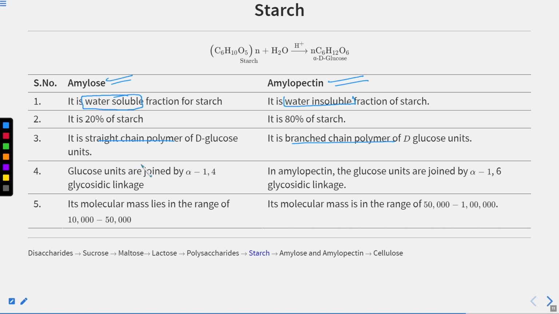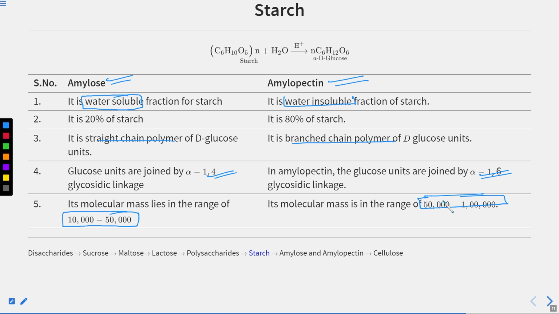Amylose has alpha 1,4 glycosidic linkage, whereas amylopectin is joined by alpha 1,6 glycosidic linkage. The molecular mass of amylose varies from 10,000 to 50,000, whereas in amylopectin it ranges from 50,000 to 1 lakh.